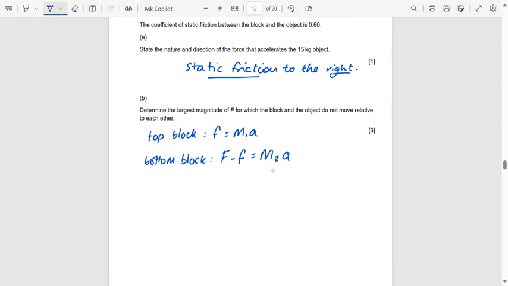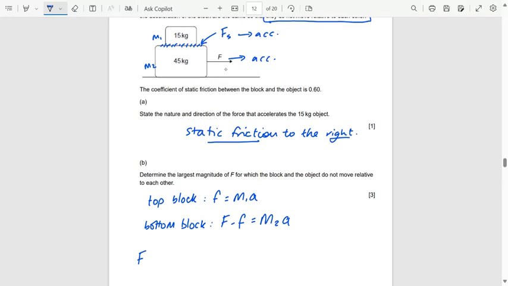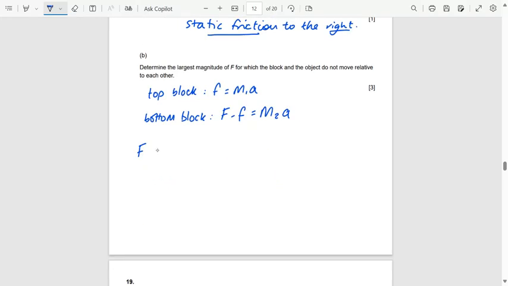Now, if I want to create one formula out of these, I'm going to say force F, which is causing the acceleration, minus little f, and so I'm going to substitute this in, equals m2a. Therefore, the force is m1a plus m2a.